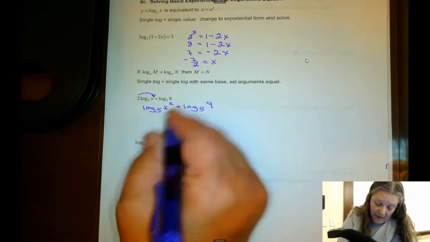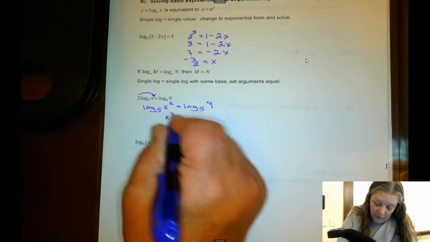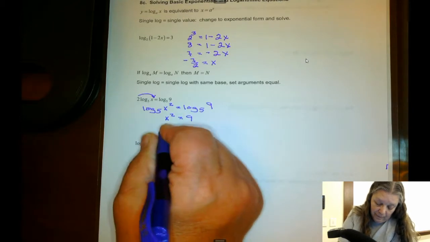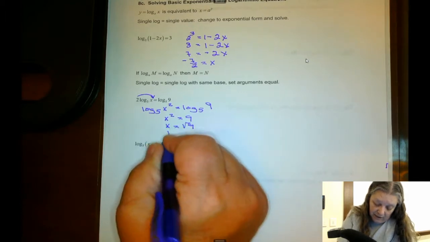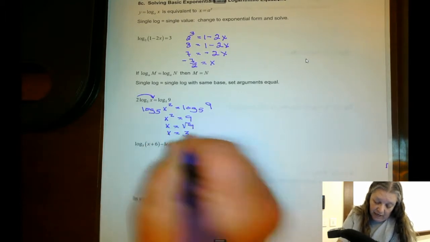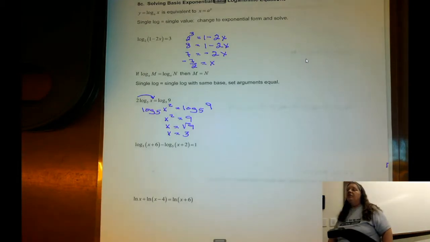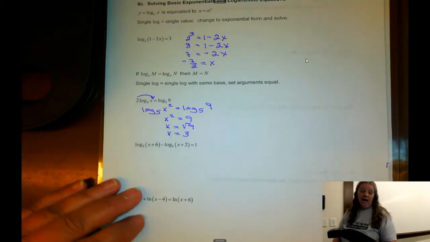Log to the same base, we set the arguments equal. So x is the square root of 9, so x is 3. Again, with the logarithmic equations, we cannot have a negative number as either the argument or the base, so we're only getting a positive root.